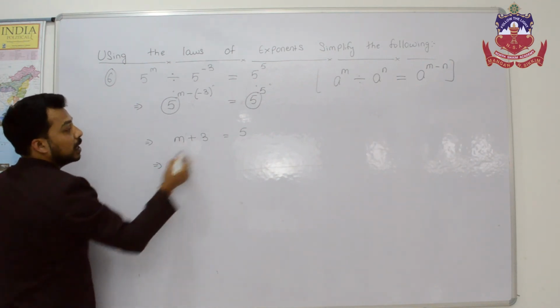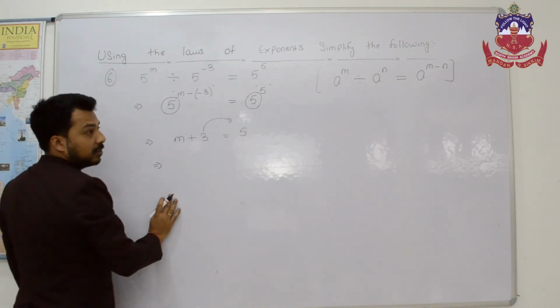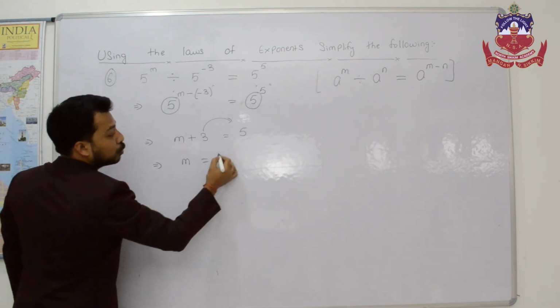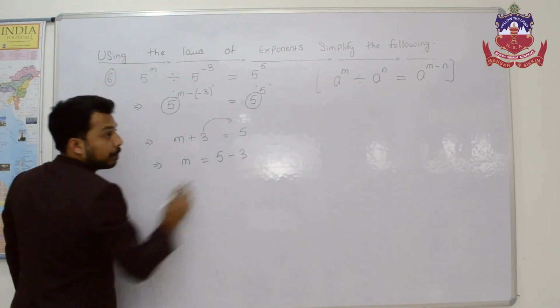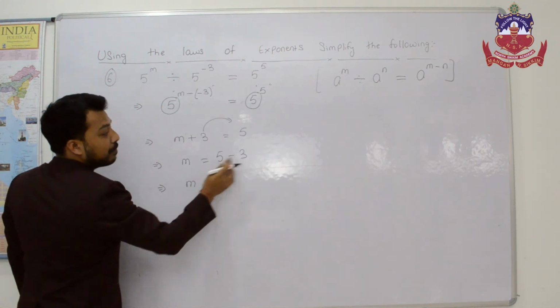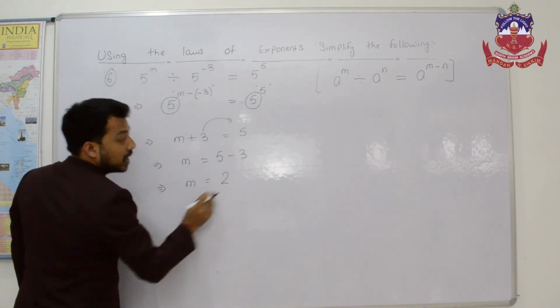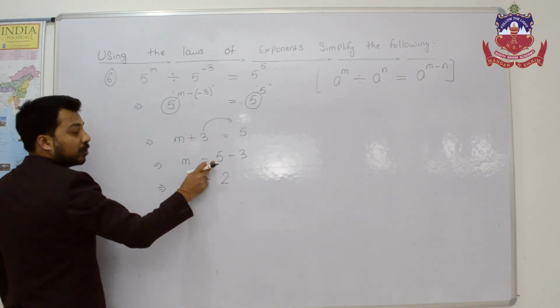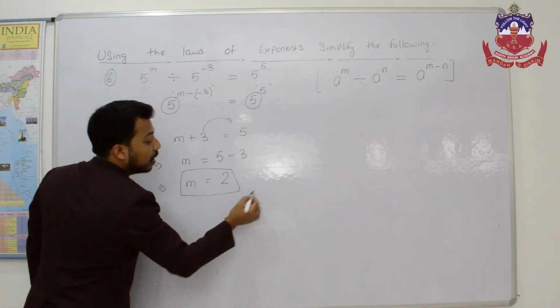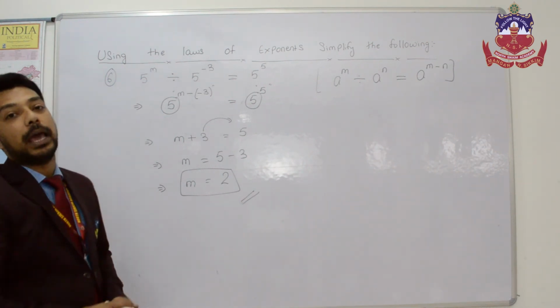In the next step, let's take this plus 3 to the right hand side. Plus will go to the other side as minus, so m is equal to 5 minus 3, which will give you 2. The sign of the bigger number, 5, is positive, so 2 will also be positive. So this is the answer of your variable m.